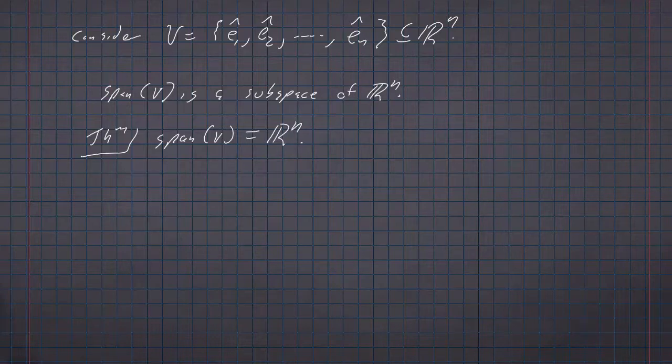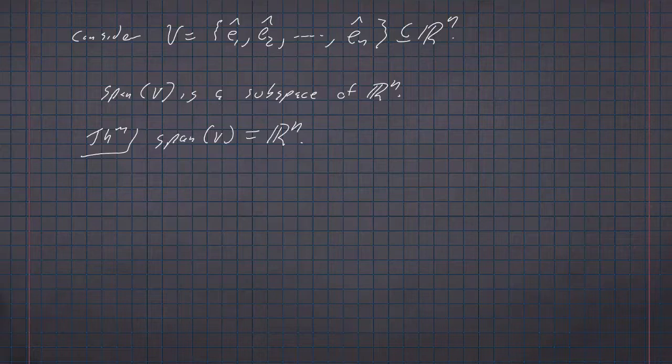In fact, what I want to show is something a little bit more powerful, that the span of this vector space is equal to Rn. Since span of V is a subspace of Rn, we've already established that we have the same operations for vector addition and scalar multiplication.